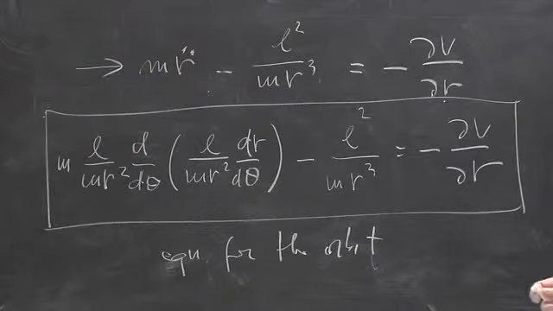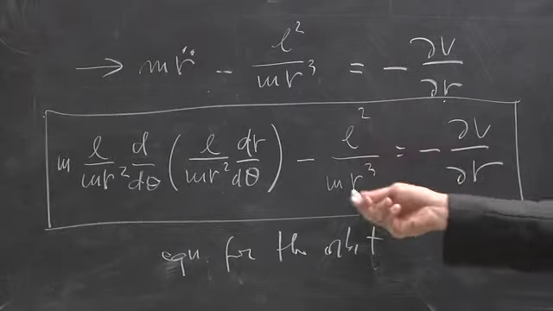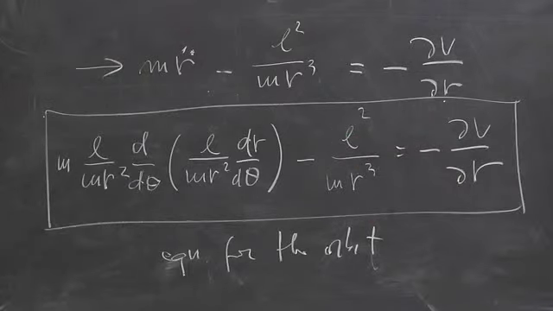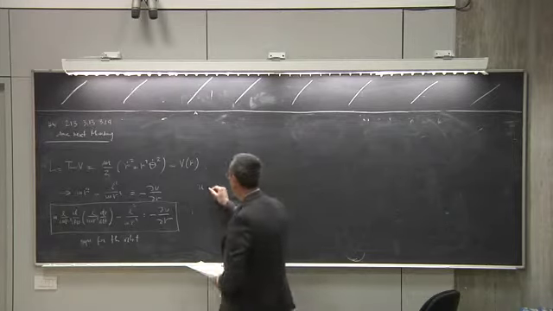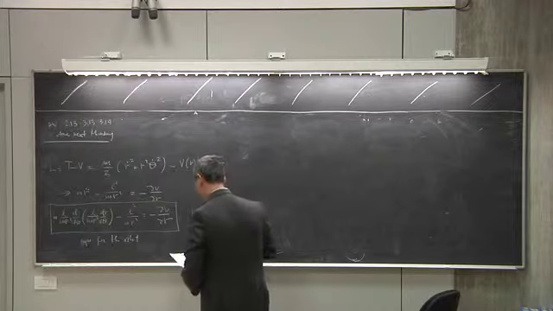And you see, everywhere there is 1 over r, so usually in this business, people introduce a new variable that they call u, that is just 1 over r, okay?